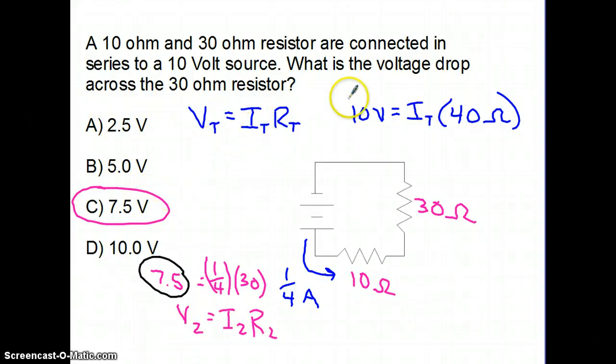The easiest way to do that is to take the total resistance of 40 ohms, which allows you to find the total current flow coming out of the voltage source to be 1/4 of an amp. When that 1/4 of an amp goes through the 30 ohm resistance, it will drop the voltage by 7.5. If you were to do it on the 10 ohm resistor, you would get 2.5 volts, which would be the total 10 volt drop. But the drop just across the 30 ohm would be 7.5.